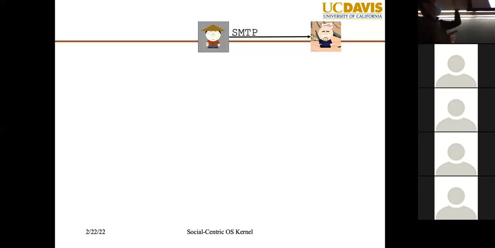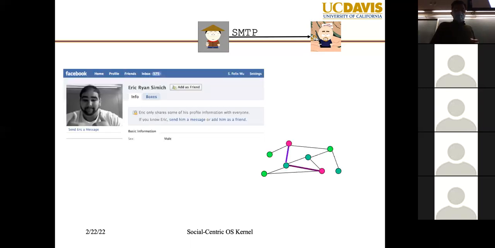There are two users. They're communicating using SMTP, just sending an email out. But I also have a social network over there, capturing all the relationships, kept in the kernel.